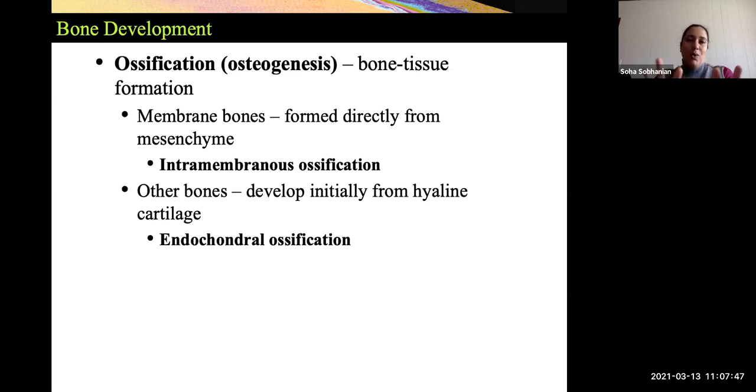And I'm not talking about you as a person right now. We're talking about fetal development. So when you were in your mom's belly, what basically allowed your bones to be developed? That is two mechanisms: what we identify as intramembranous ossification and what we identify as endochondral ossification.